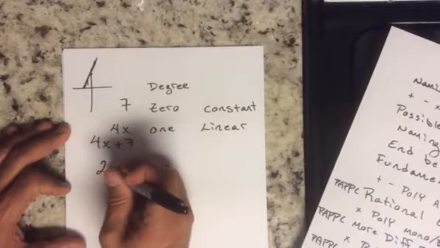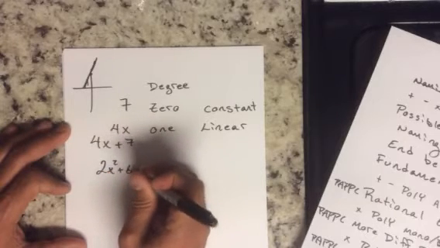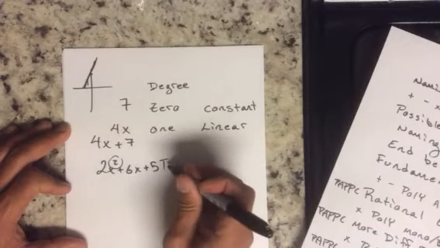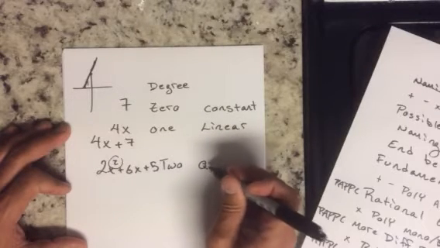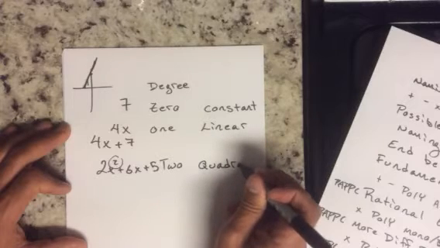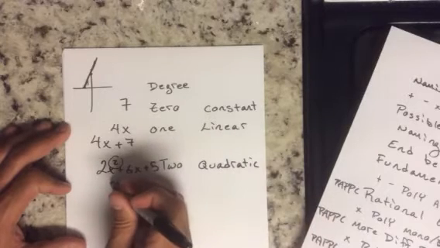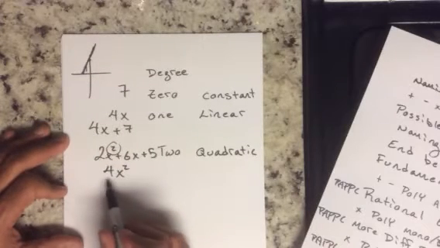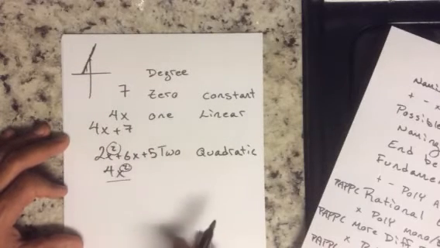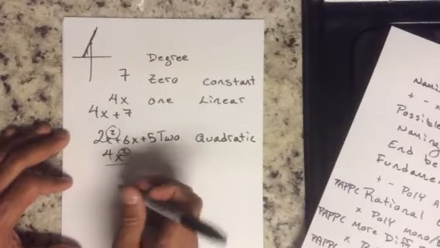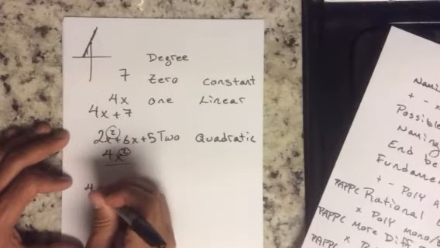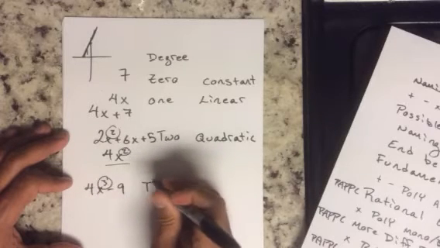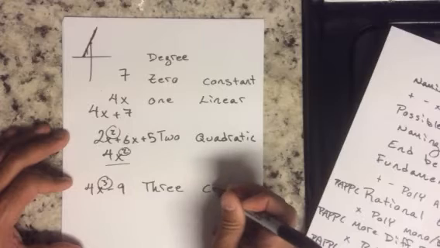If it looks like this, this has a degree of 2, so that's a quadratic. But a quadratic could also look like this. It doesn't have to be a trinomial, it can be a monomial and still have a degree of 2. If it looks like this, that has a degree of 3, so that's cubic.